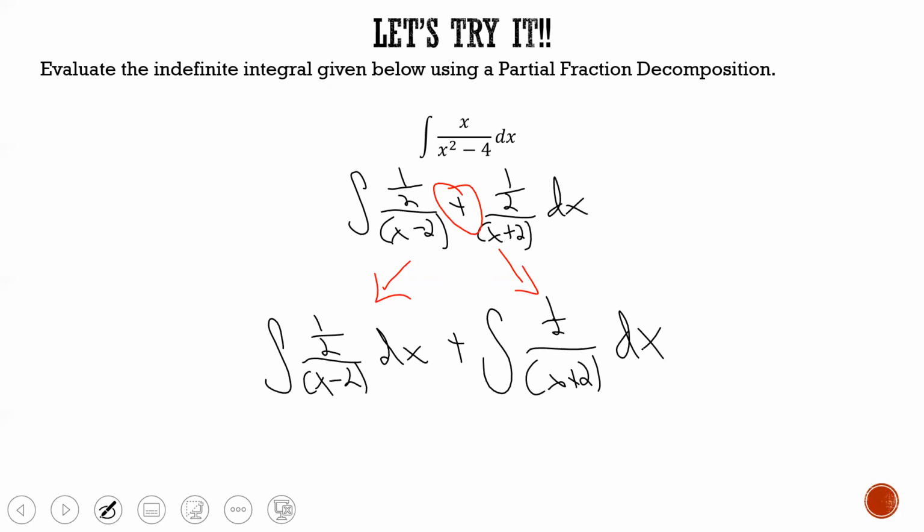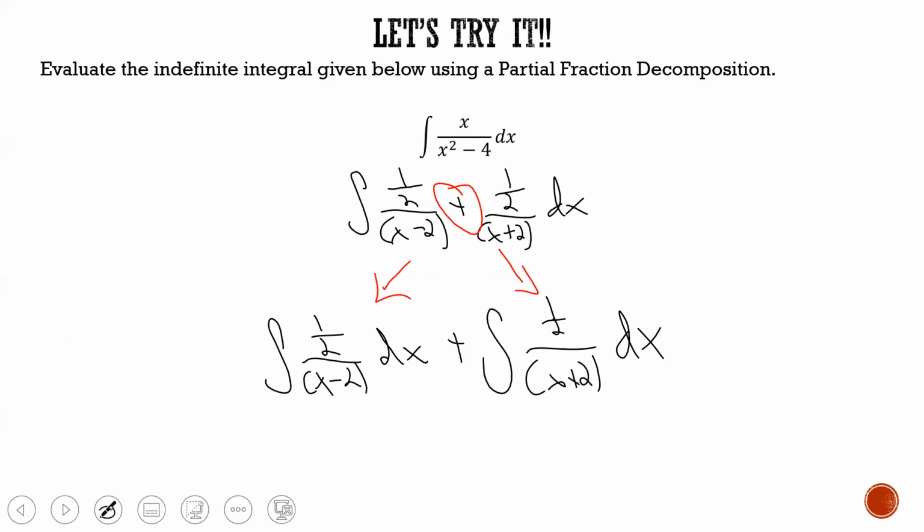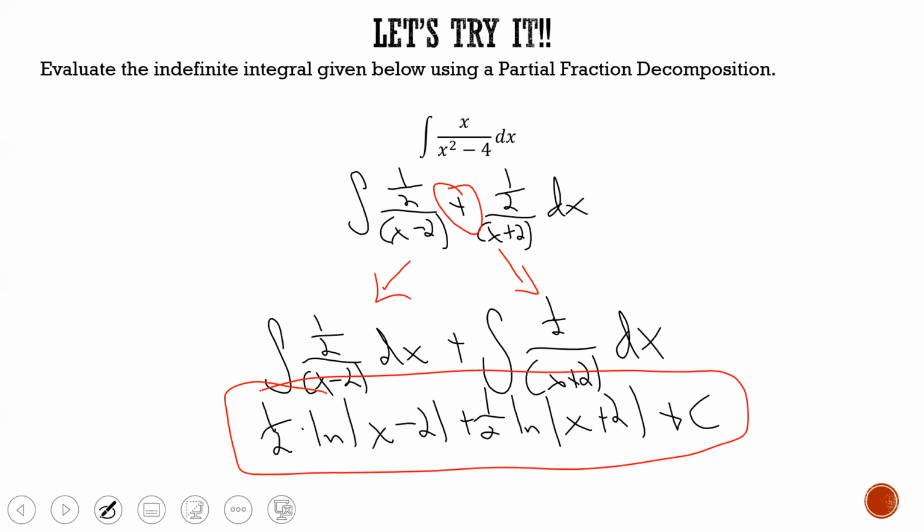We can then use substitution to solve these. And when we do that, we'll end up with our final answer here being 1/2 times ln absolute value of x minus 2 plus 1/2 times ln of absolute value of x plus 2. And of course, since it's an indefinite integral, we have our plus c there at the end. Okay, and that's the answer for that one.